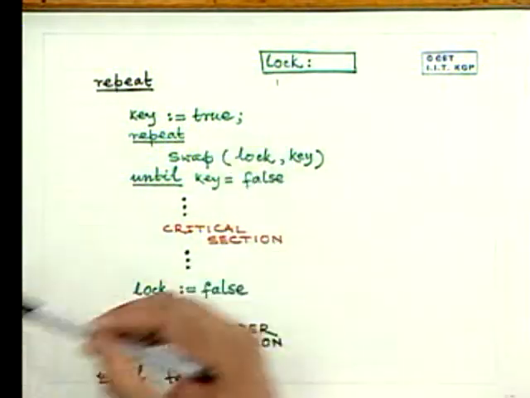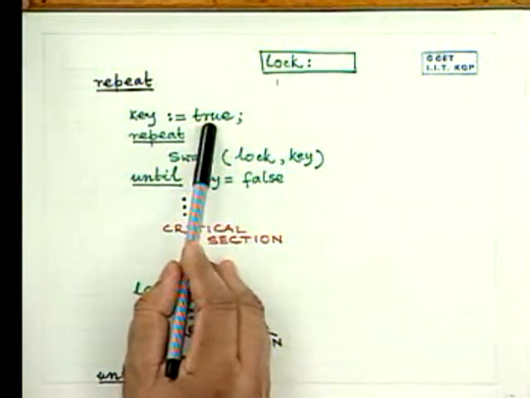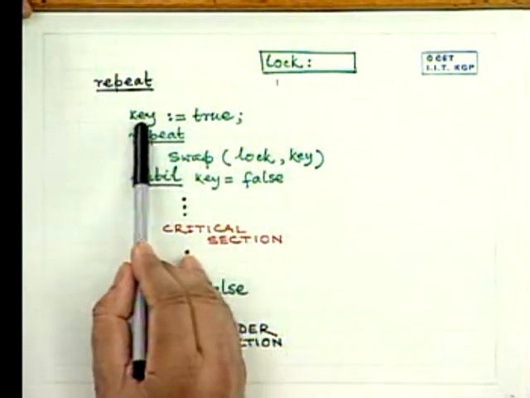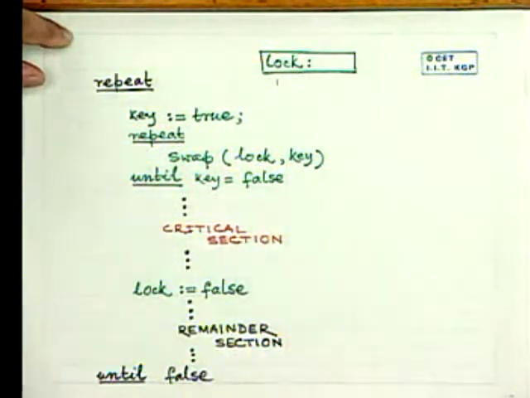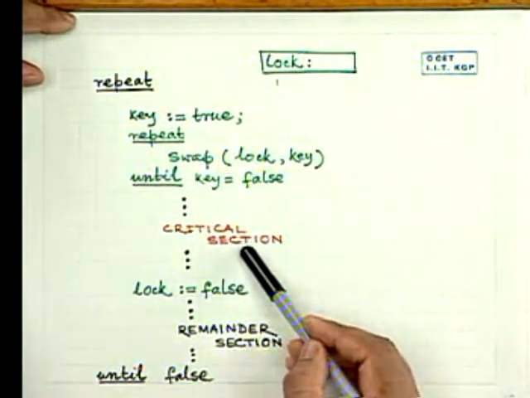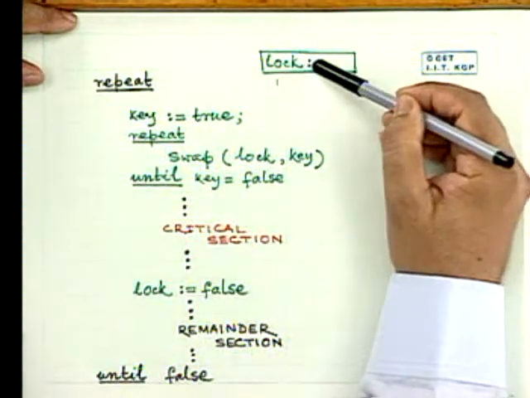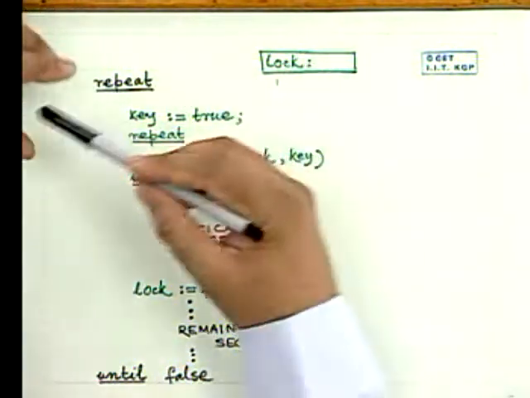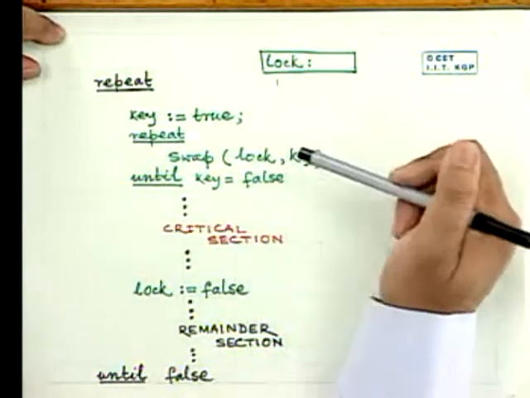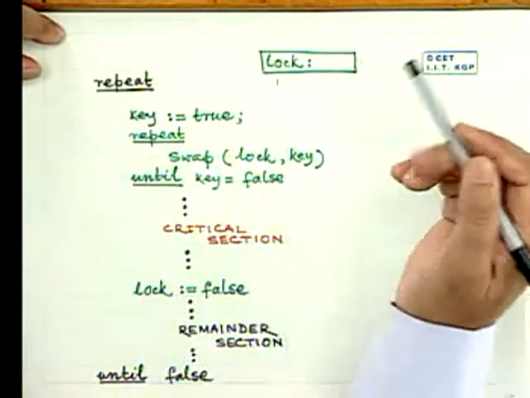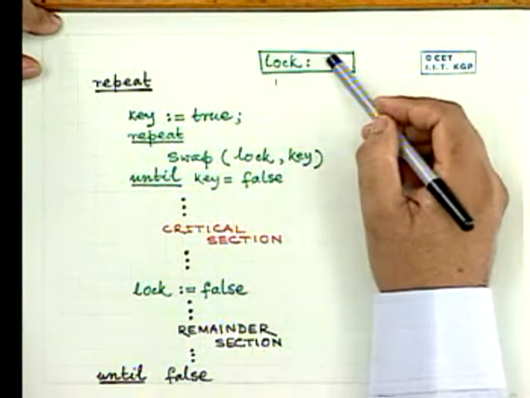Here the key is assigned a value true. Key is assumed to be a Boolean variable. The critical section is also maintained in terms of the variable lock. Say the lock initially has been assigned a value of false, to start with, and the lock in the shared segment has been assigned a value false.